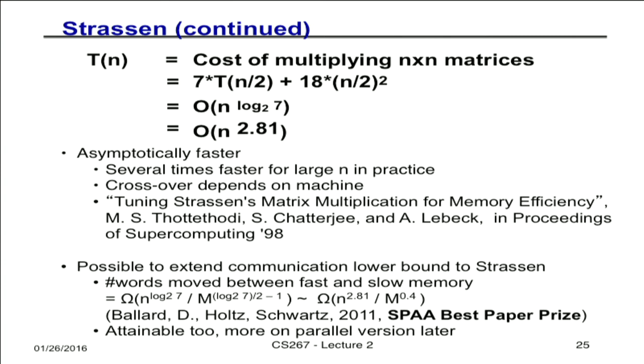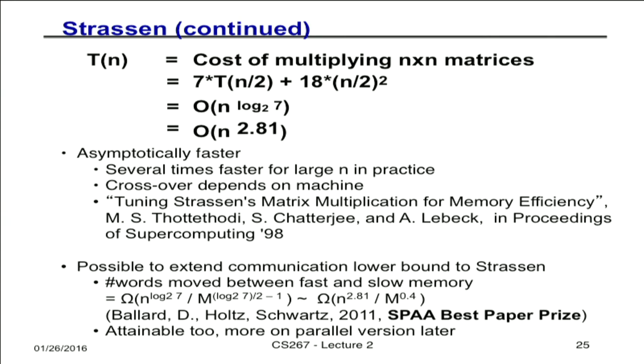So this is asymptotically faster, meaning that if you have a large enough problem, it should be faster than an order n cubed algorithm. And it is in practice. The crossover point at which it becomes faster than a conventional matrix multiply algorithm depends on the machine. And here's a paper you can look at for references on it.